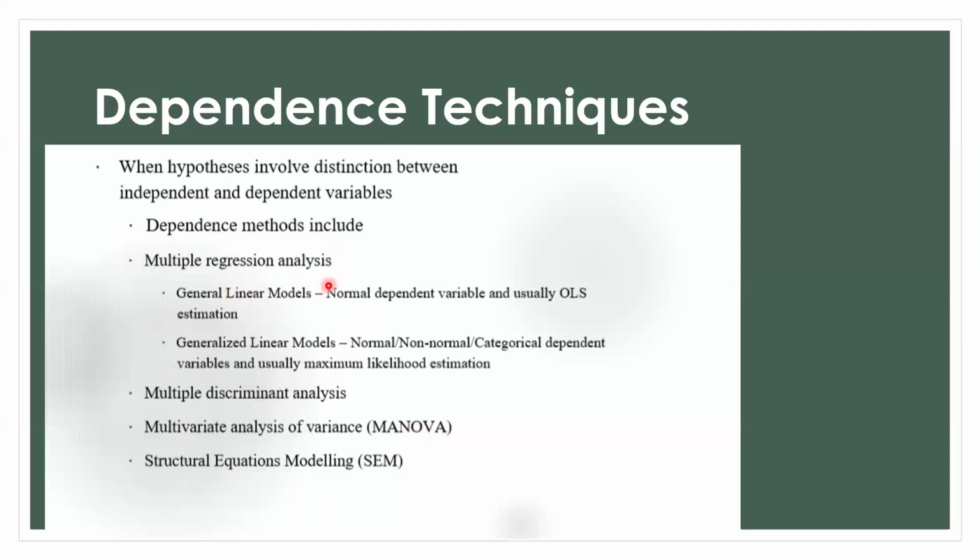Under the general linear model, you can have the ordinary least squares method, a technique that we adopt for estimation. Or else we can go for the generalized linear model, which accommodates both normal and non-normal categorical data.